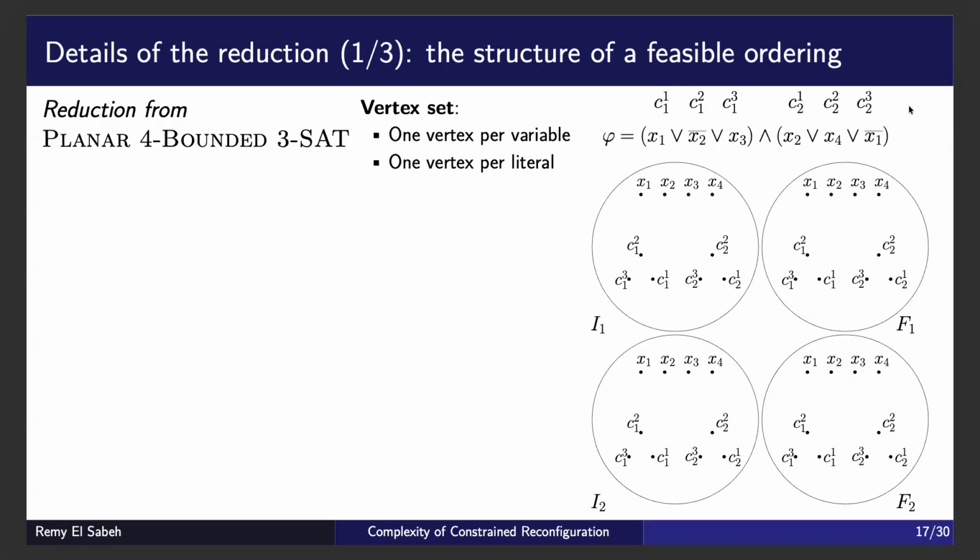Planar 3-SAT is if you construct a graph out of 3-SAT where your vertices are the variables and the clauses, and you connect the clause to a variable if the variable shows up in the clause, then if that's planar, that's planar 3-SAT.